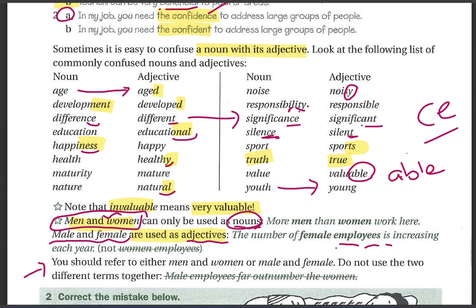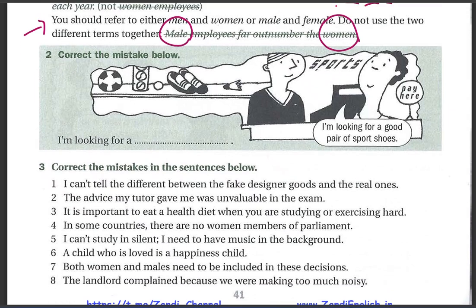And the last part here, you should refer to either men and women or male and female. Do not use the two different terms together. So you cannot use one of them male and another women, okay? They are a group. You should use men and women or male and female, depending on your context.